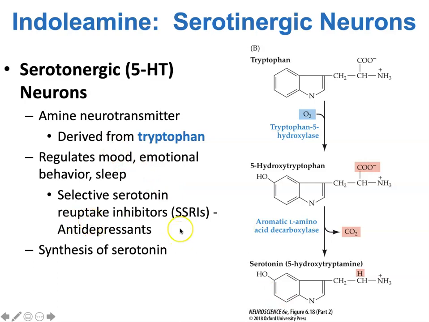If you inhibit the reuptake of serotonin, then you basically allow the serotonin to remain at the synapse and therefore increase mood when you are in a depressed state. So, for example, Prozac is an example of a selective serotonin reuptake inhibitor.